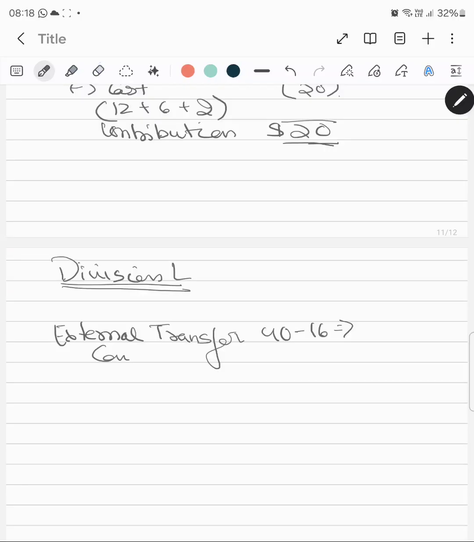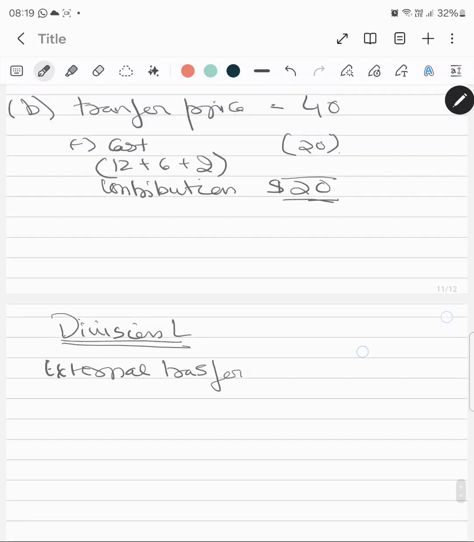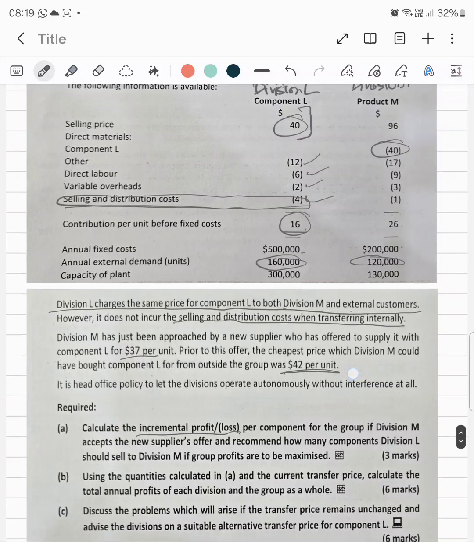Let me now present it this way. External transfer: how many units is division L externally transferring? It's 1,60,000.